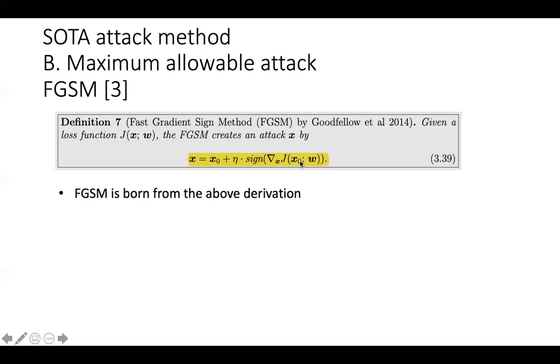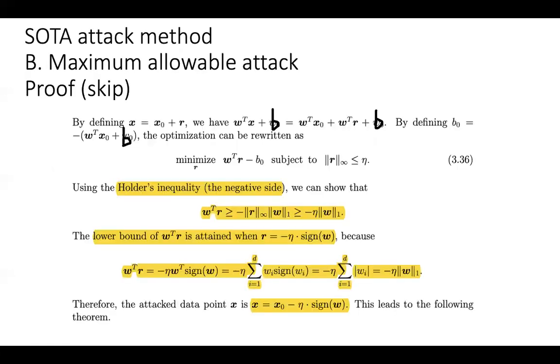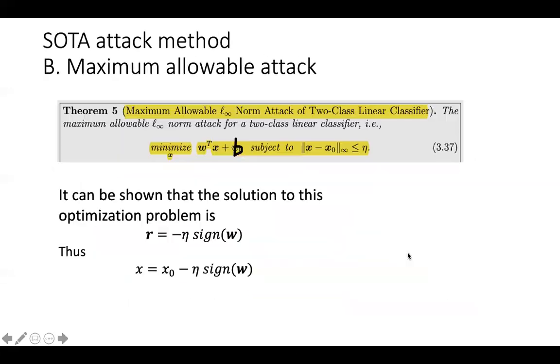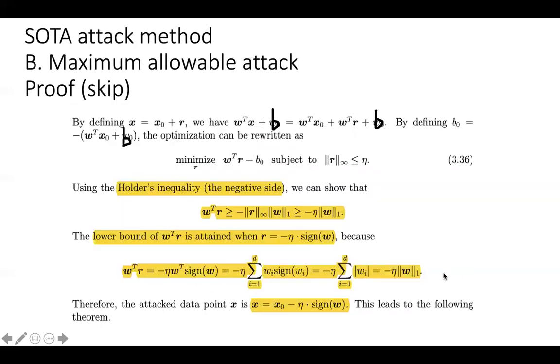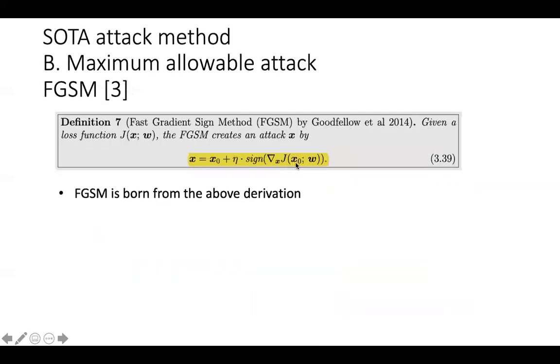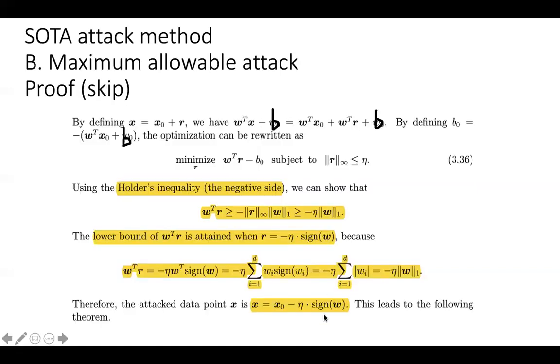Now you get to definition 7. J is just a classifier. Here we express the classifier as J, but there we express it as capital J. And when the classifier is just a linear classifier, the derivative is just W. So it's the same as here, the sign of W.